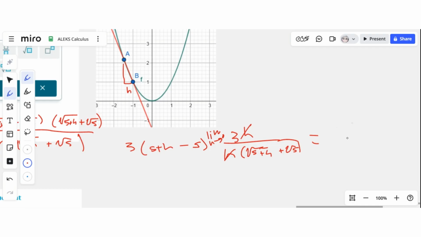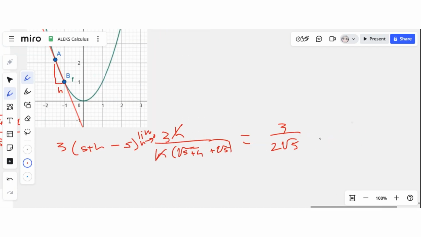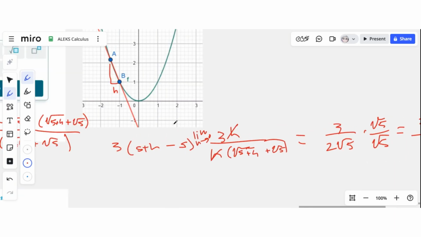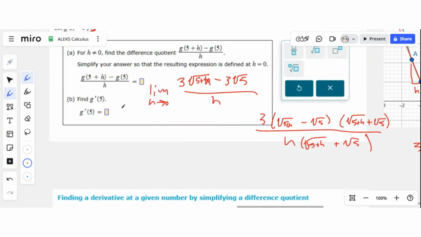What we get on the bottom is just 2 square roots of 5. On the top, we've got a 3. We should rationalize the denominator here. So let's multiply by the square root of 5 over square root of 5. That's going to give us 3 times the square root of 5 on top and 2 times 5, or 10, on the bottom. So that is actually the derivative of g at 5.